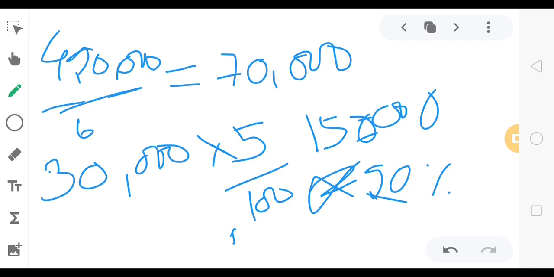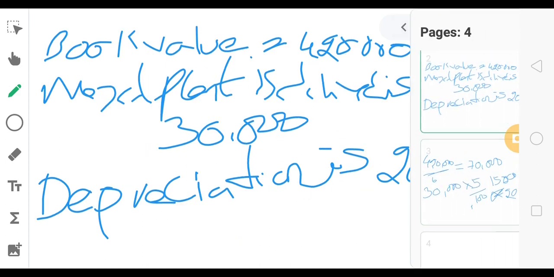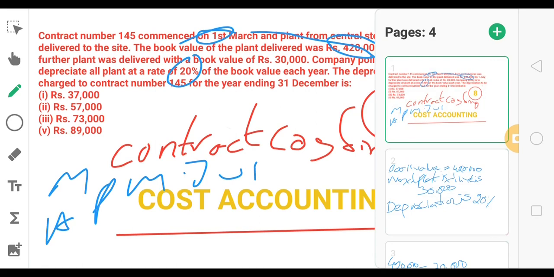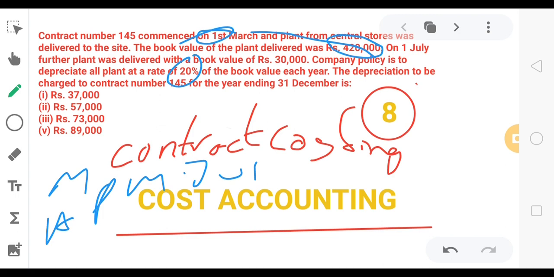That is what is asked in the question. You see, company policy is to depreciate all plant at the rate of 20%. So all plant will be depreciated at 20%.